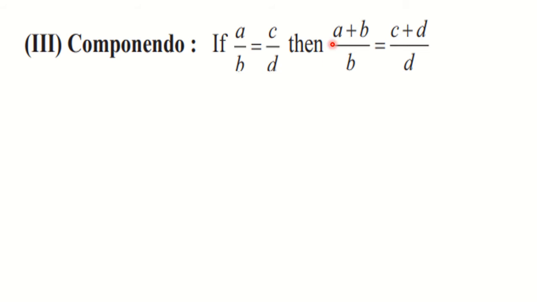And then we can write a plus b upon b is equal to c plus d upon d. We are not changing denominators. What we are doing is, we are adding denominator to numerator. Okay, so this is called as componendo. If a upon b is equal to c upon d, then a plus b upon b is equal to c plus d upon d. This is called as componendo property or componendo operation.